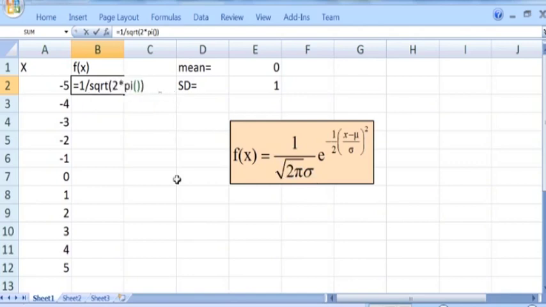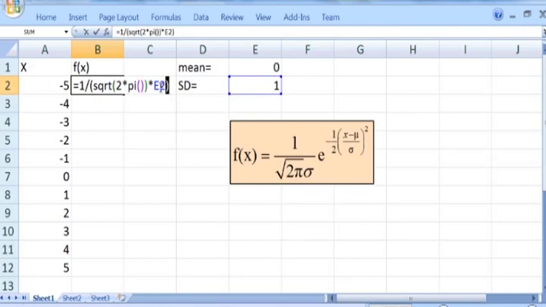So just put an asterisk here, and then multiply this sigma, where sigma is located in E2. So as far as this full command is concerned, it is square root of 2 times pi times sigma, and then 1 divided by this full amount. So we have to put 1 parenthesis here, and at the end we have to put a parenthesis here.